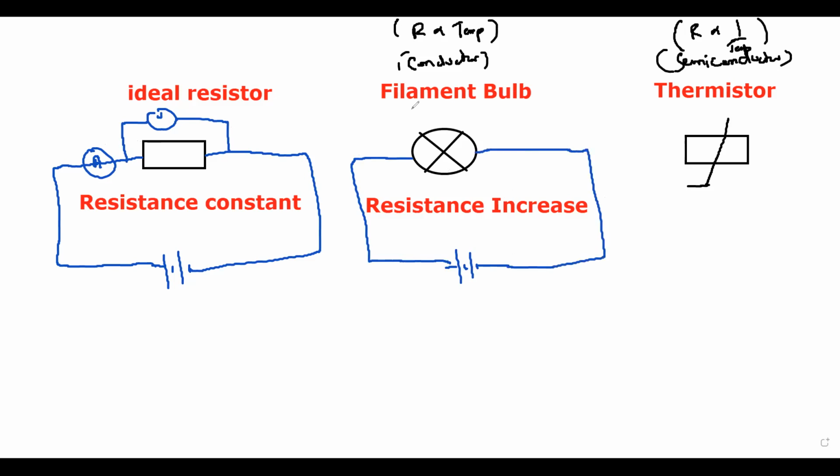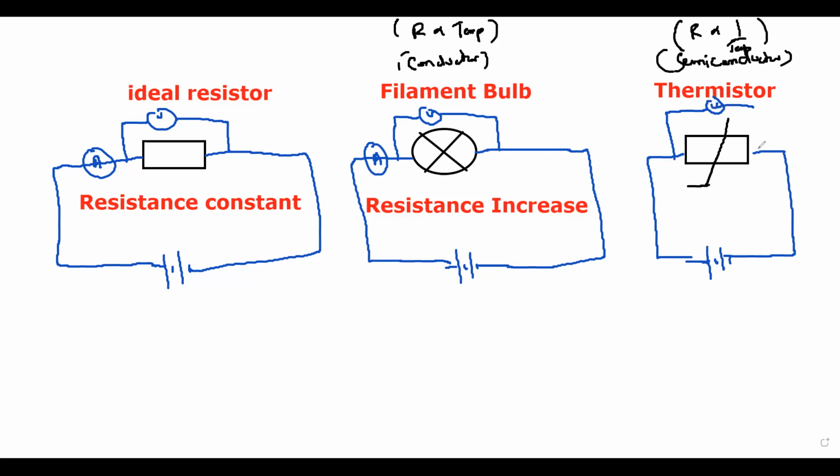We connect a voltmeter to measure the voltage, and an ammeter to measure the current. And for thermistor as well, we connect a voltmeter to measure the voltage, and an ammeter to measure the current.